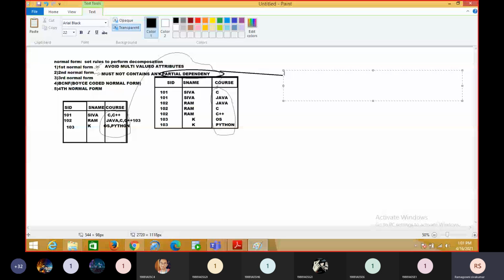There should be no transitive dependency for non-prime attributes.